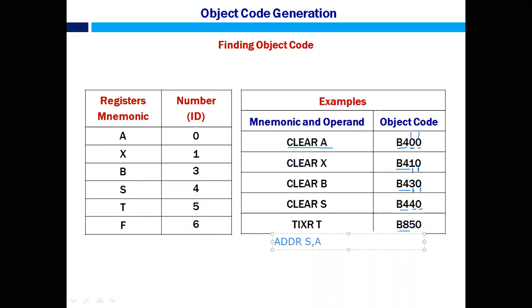So whatever the opcode of ADDR is, you will write it, two digits, 1 byte for the opcode, followed by S which is 4, then A which is 0. So this is how it will be. Anyway, all these we will see in detail. It will be more clear once we start with the object code.